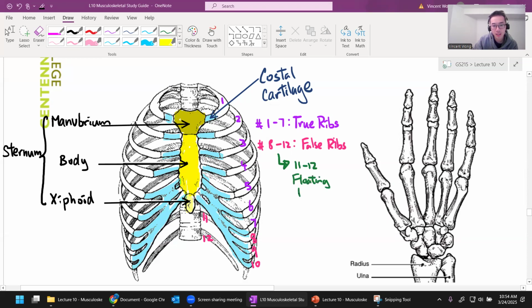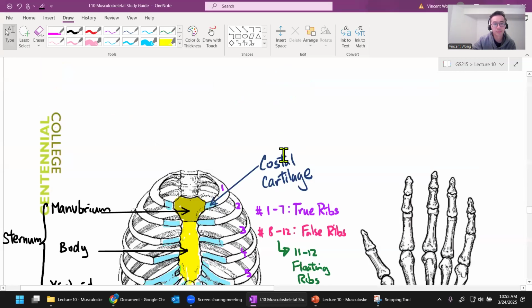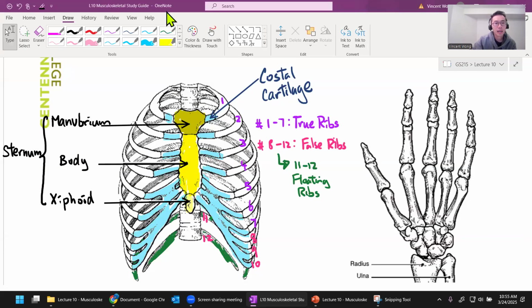They do not connect with the sternum. They're just kind of right there. Okay? They do not connect. Play around with the 3D model and you'll see.